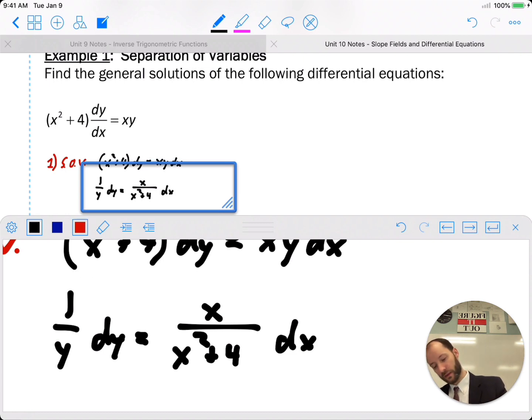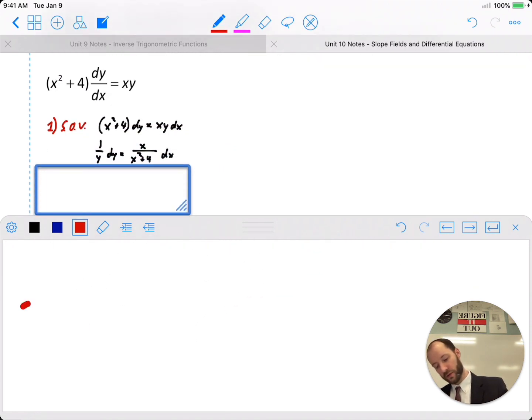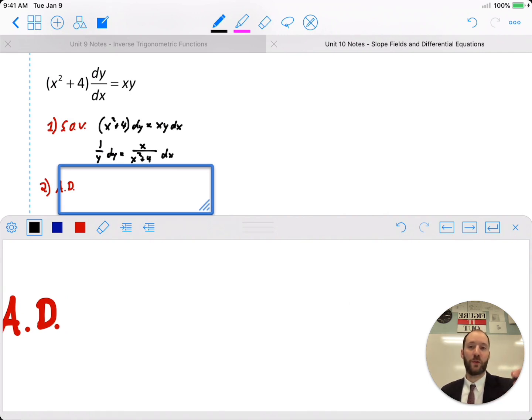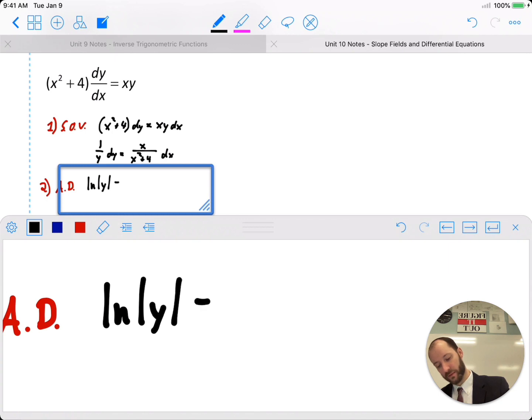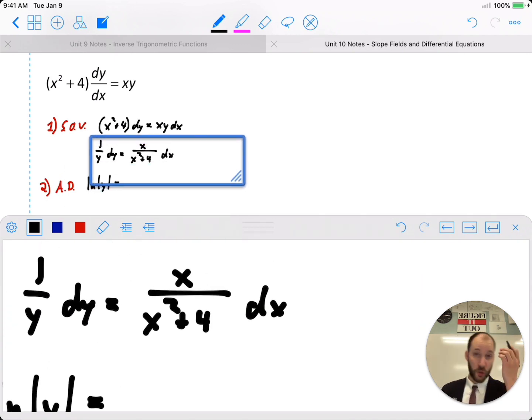Step 2 would be to anti-differentiate. So antiderivative of 1 over y dy is ln absolute value y. For the right side, it's a pretty simple u-sub.